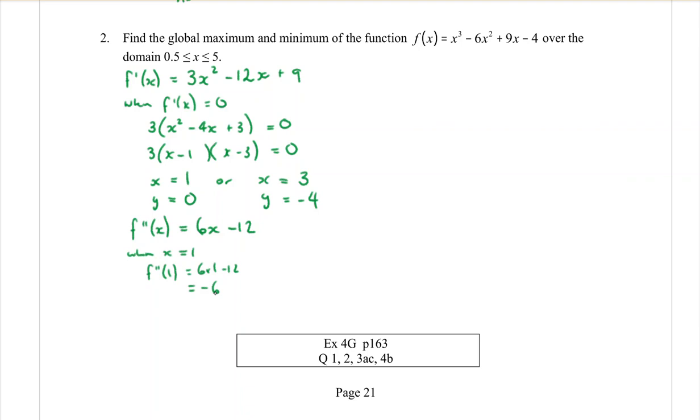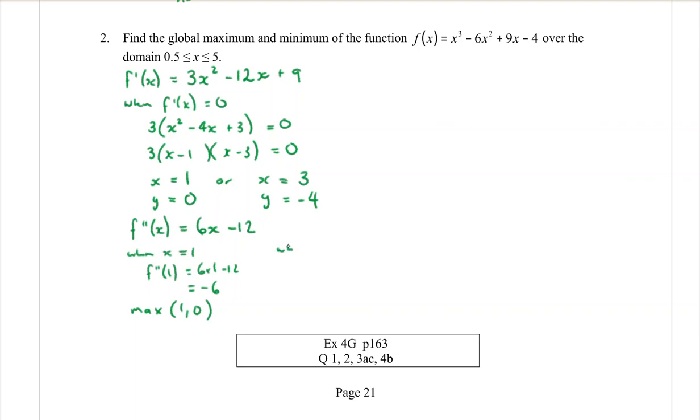Not the 6 that's important, the negative is the part that is important. If that is negative, it means that my curve is concave down, which means that that is a maximum turning point. So I'm going to have a maximum at the point 1, 0.